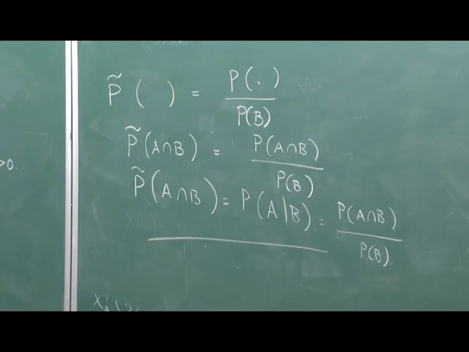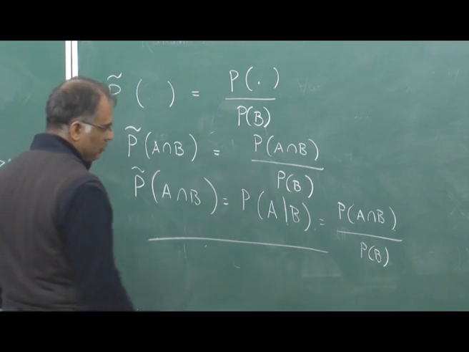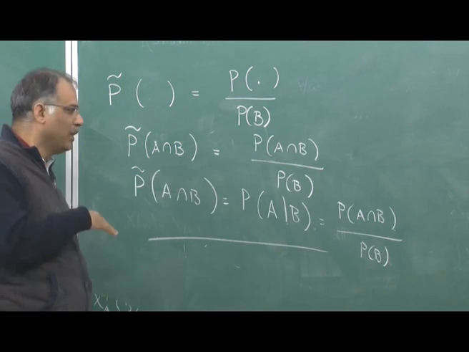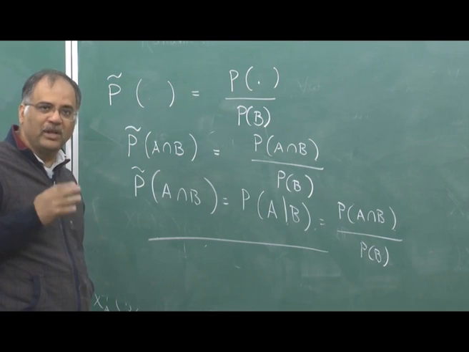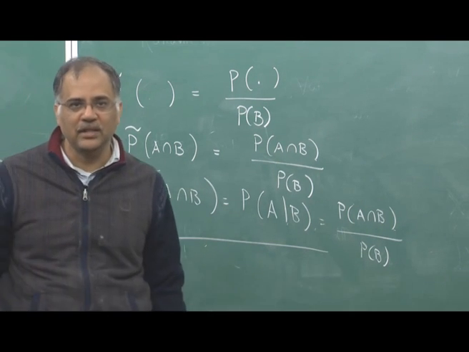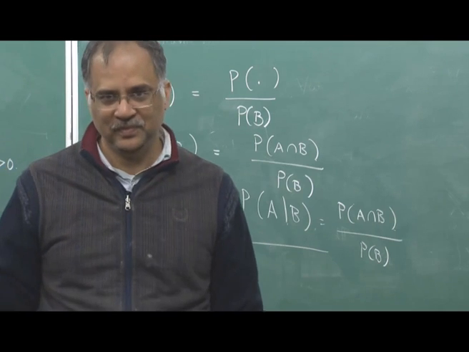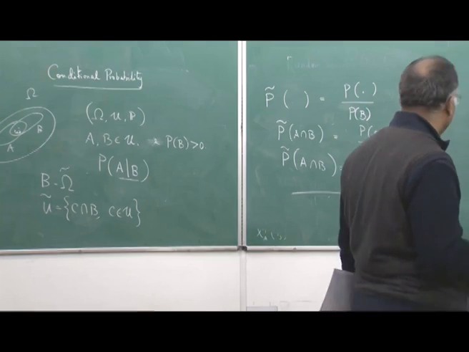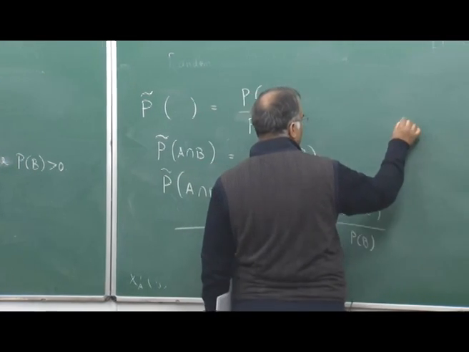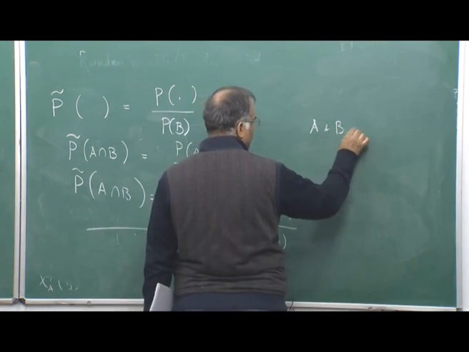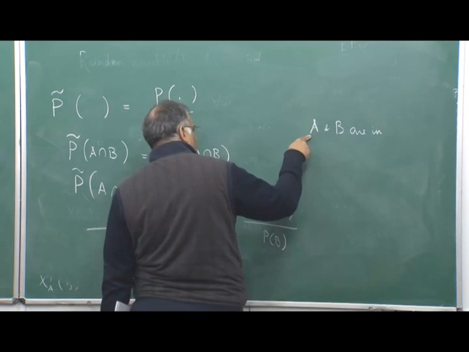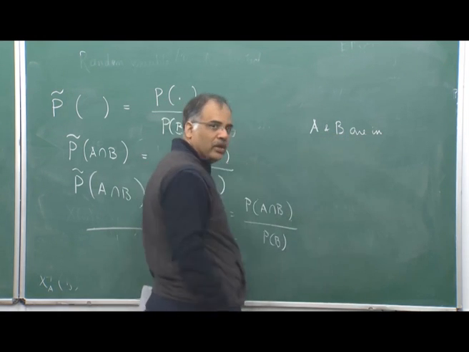Two events are said to be independent if it does not matter whether omega was in B or not. The probability that omega is in A is independent of the fact that omega has come up in B. That is the meaning of independence of two events A and B. So if two events A and B are independent, that is, the probability of occurrence of one does not affect the probability of occurrence of the other.